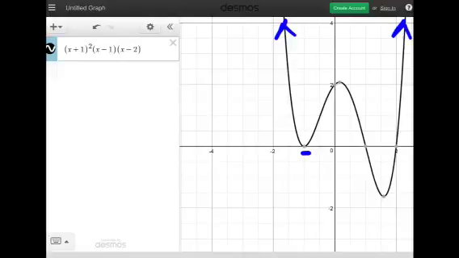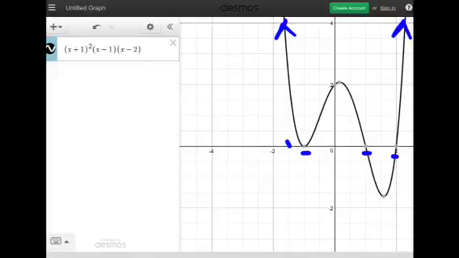It's crossing through 1 and it's crossing through 2. Okay, the curves on our sketch are probably off, but that's okay because we just did it freehand without plugging in any values for x. We just kind of sketched based on the zeros and on the end behaviors, which is the key thing for the lesson.